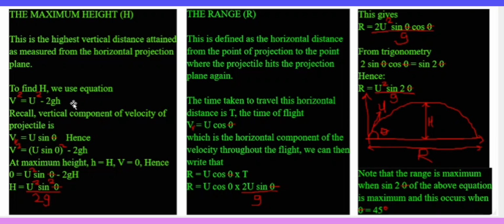So using that for a projectile, that gives us this equation, which is v squared is equal to u squared minus 2gh.